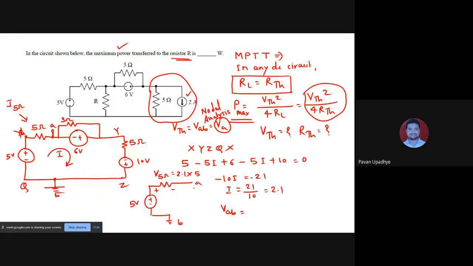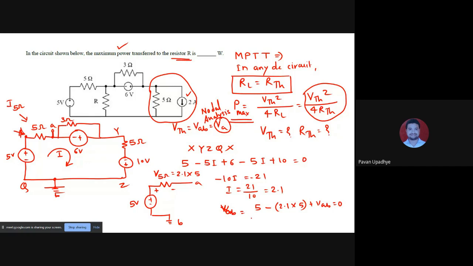So let us write down the KVL. So instead of VAB we shall start from here. So 5 minus 2.1 into 5 plus VAB is equal to 0.